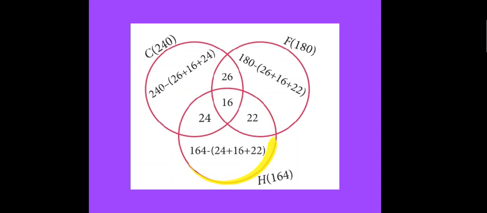From this hockey we should eliminate all the intersection portion, so we will get 174, 116 and 102. This 174 represents those who are playing cricket only, 116 students are those who are playing football only, and those who are playing hockey only, there are 102 students.